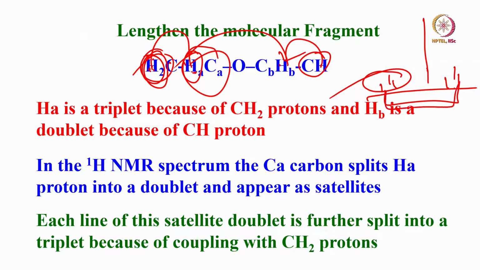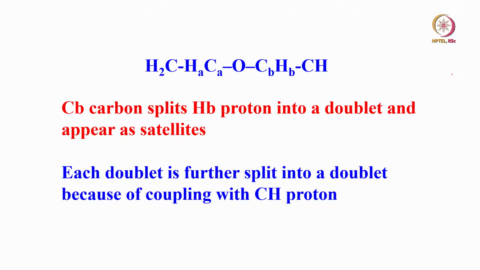This is C12 attached, this is C13 attached satellite. Similarly, if you look at CB, it will be a doublet because of this satellite, and each line of the satellite will be a doublet because of coupling with this proton.